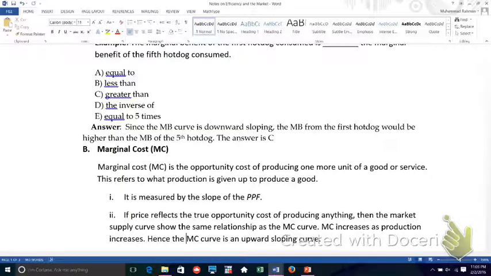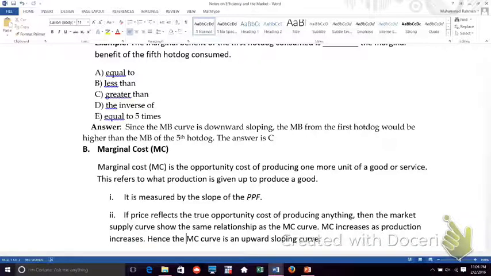I want to make a point that in the future, when we look at the cost structure of a firm and try to figure out how a firm maximizes their profit or minimizes their cost of production, we will also encounter another concept of marginal cost, which is slightly different from the marginal cost concept that we are looking at, although they are connected, but they are not entirely the same.